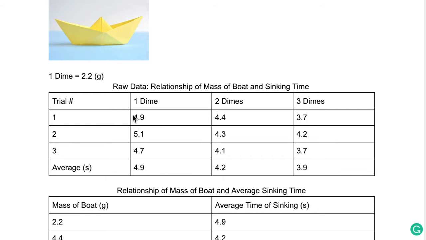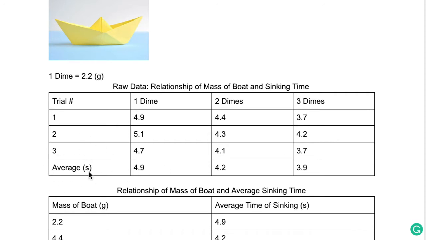And we have the times that it took for each boat to sink, for each of having 1 dime, 2 dimes, and 3 dimes. And after we have all of the values or sinking times of the different boats with dimes collected, we could also measure the average.